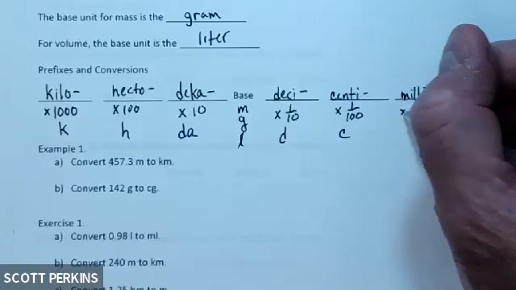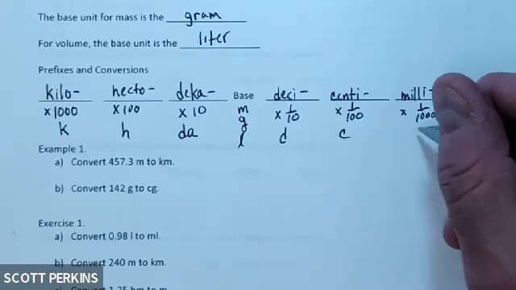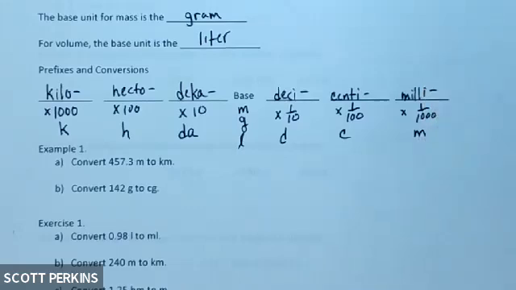That is times 1,000th, or 1 part out of 1,000. So if you look on your soda and you see that your soda has 20 milligrams of sugar in it, that is a thousandth of a gram. So the abbreviation is M.